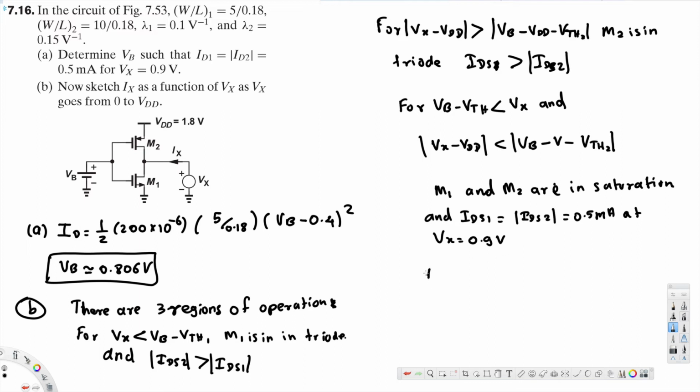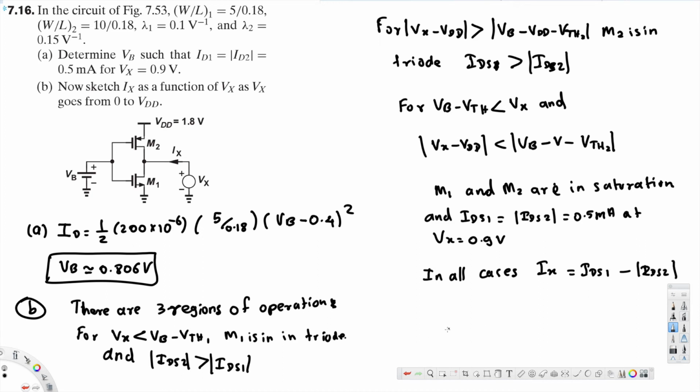In all cases Ix is equal to IDS1 minus the absolute value of IDS2.